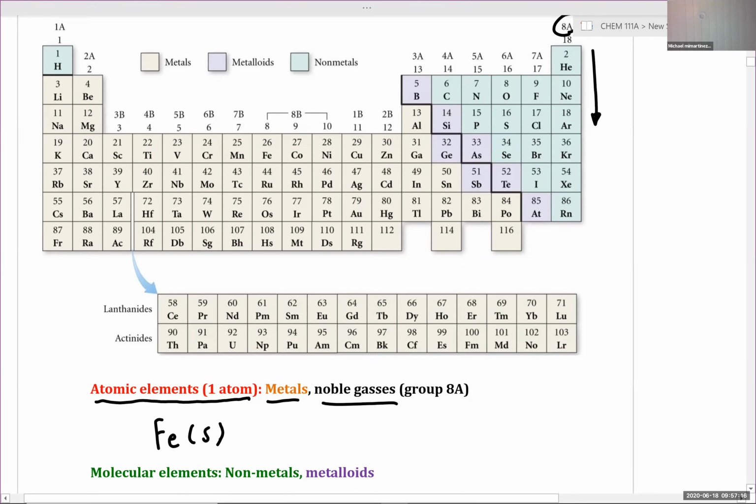Let's try to get an example now of a noble gas. What is an example of a noble gas if we wanted to write the formula for a noble gas? Helium, sure. So helium would be written as He gas, where we just have one atom of helium in our chemical formula. Does this make sense so far?